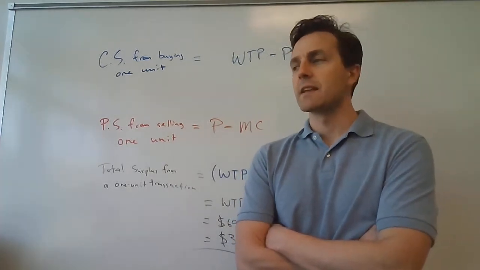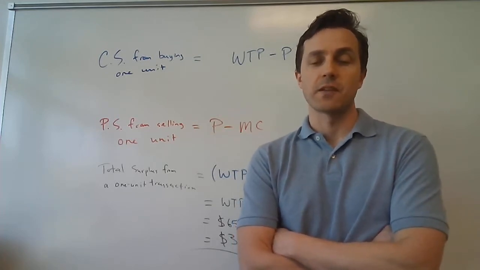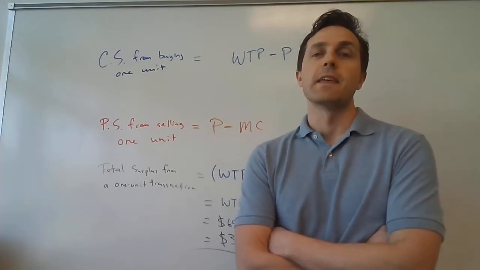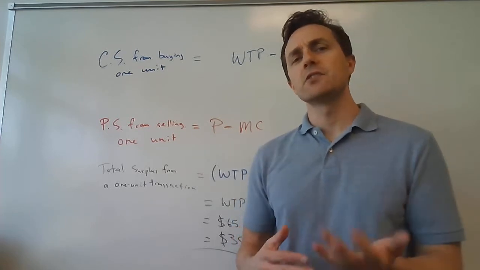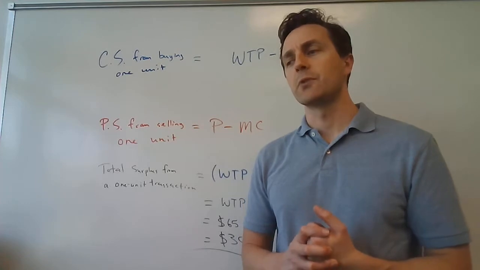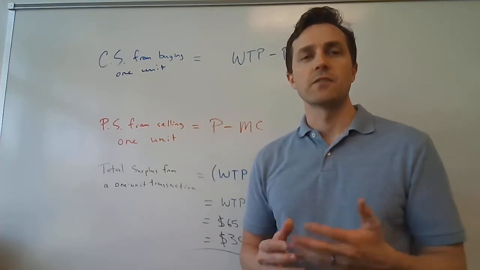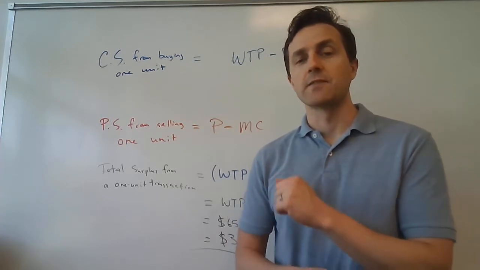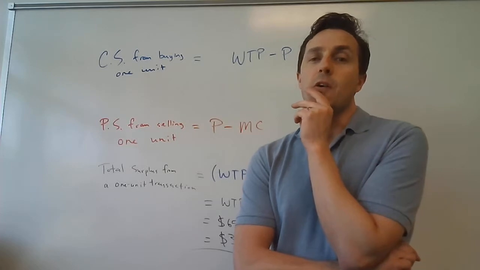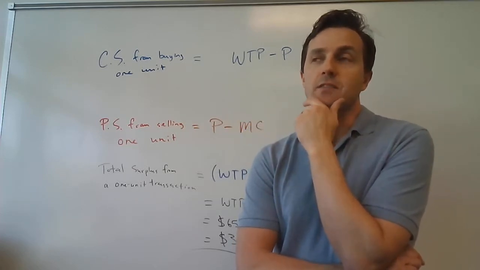But since Arnold has a higher marginal benefit or willingness to pay than Brenda's marginal cost, that means they should, at least in theory, be able to come to an agreement where there's a mutually beneficial transaction. As long as the price is anywhere between $35 and $65, Arnold and Brenda would both agree to a transaction involving the bike.